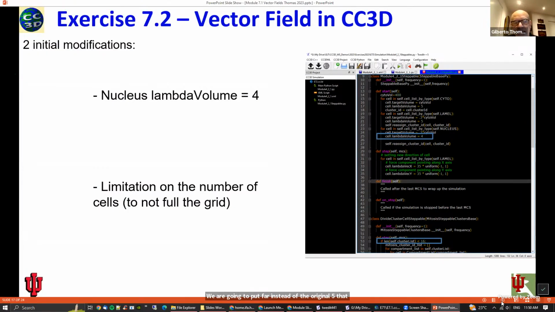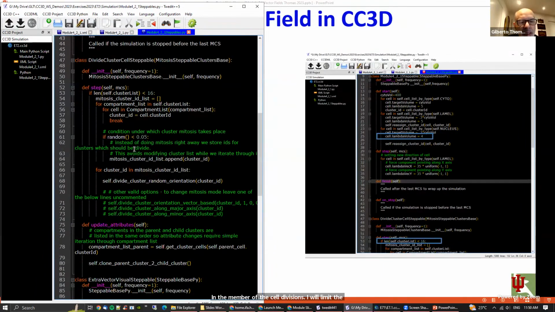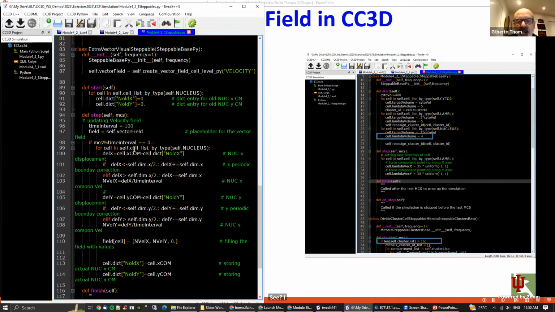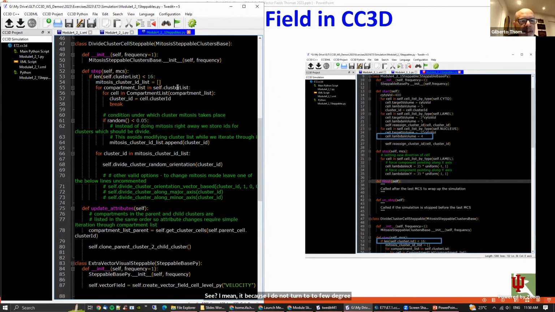And in the number of cell divisions, I will limit the cell division to 16. I mean 8, because I do not want to fill the grid with too many cells, because it's going to be complicated to watch the cell vectors at the beginning. So I included this line here.